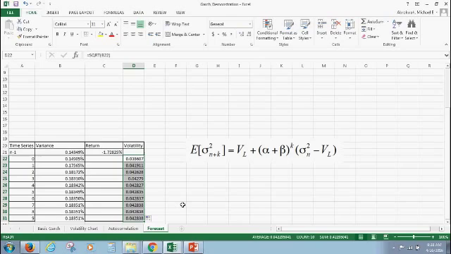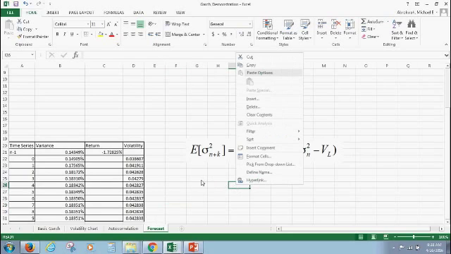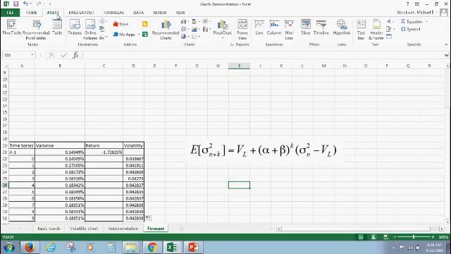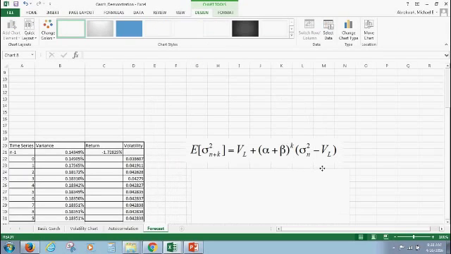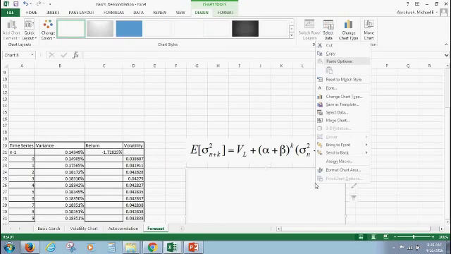For our intents and purposes, I'm also going to show the volatility, okay? And what we should see from this graph is the volatility essentially evening out. That's what the prediction is. So I'm going to go to insert, chart, and choose just a regular 2D line chart.